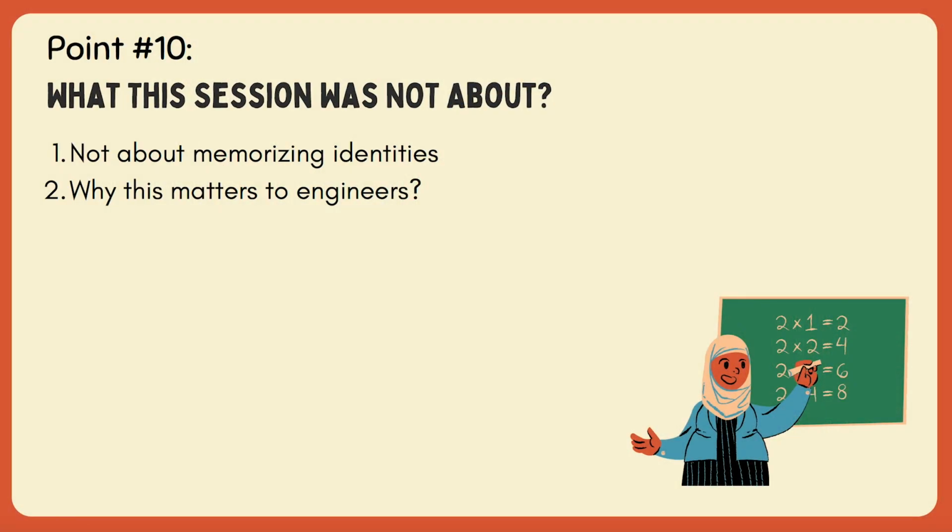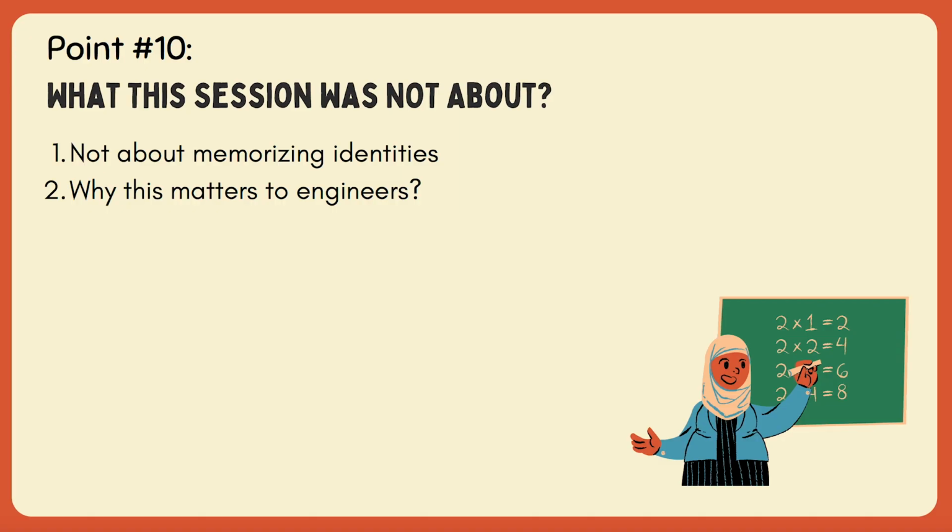This now brings us to the end of this session. This session was about revisiting the basics of trigonometry. It was not about memorizing the identities, or the mathematical derivations, theorems or theories.